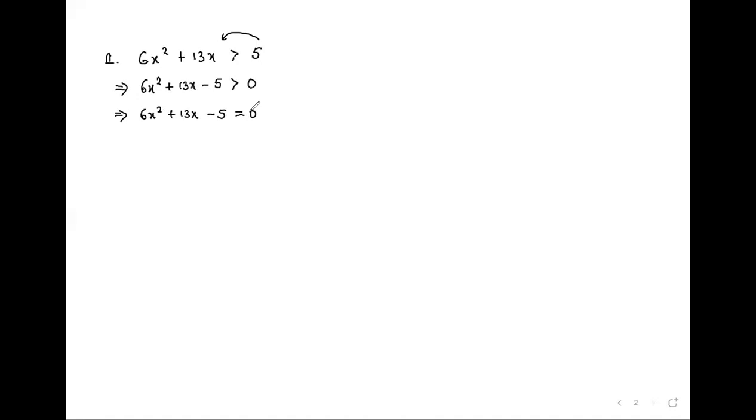So what's the product here? -30. What are the factors? The sum is what? 13. So the factors? 15 and -2.